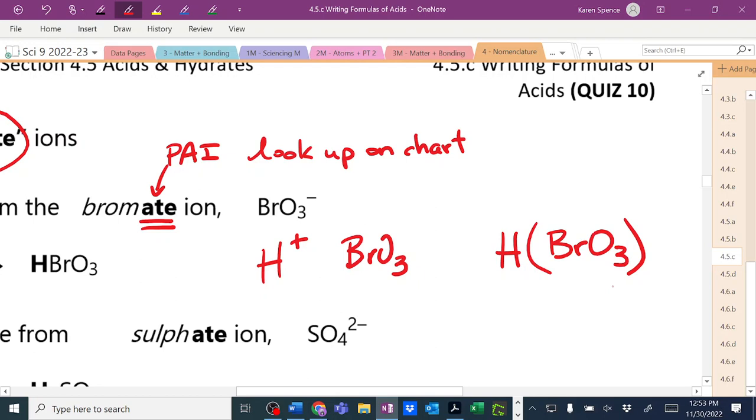Nobody's looking at what I'm writing. Am I right? What's wrong with what I've written? I wrote brackets. There should not be brackets unless I have more than one of that ion. Okay.